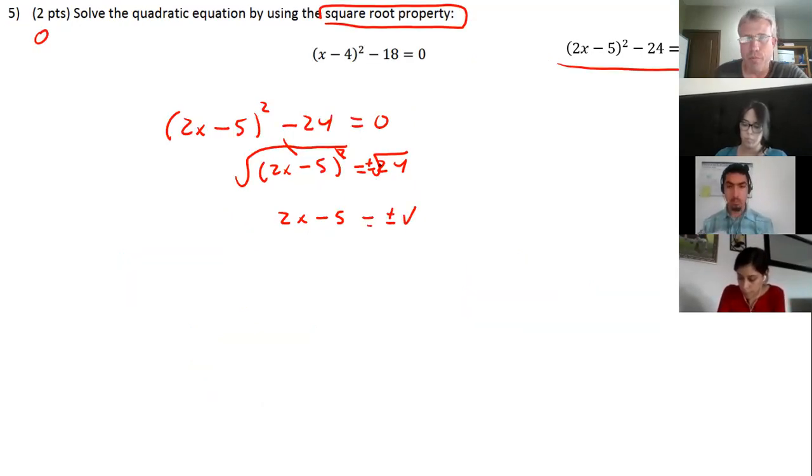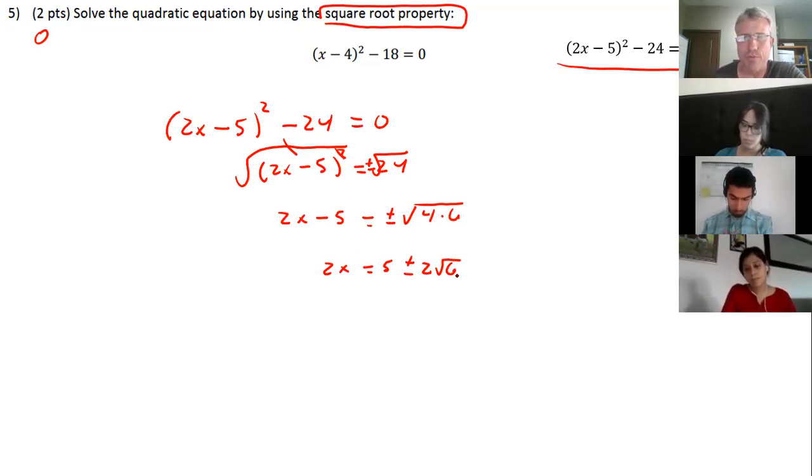And then we want to simplify this if we can. So 24 is the same as 4 times 6, so I know there's a perfect square in 24. I'm going to add this 5 to both sides, which will leave me at 2x equals 5 plus or minus the square root of 4, which is 2, and the square root of 6 is the square root of 6.